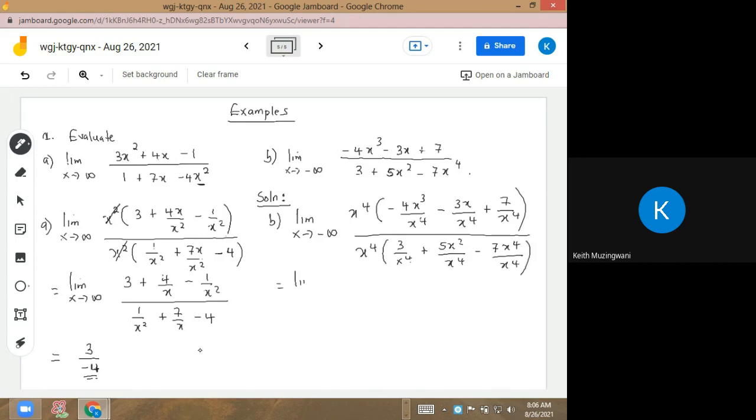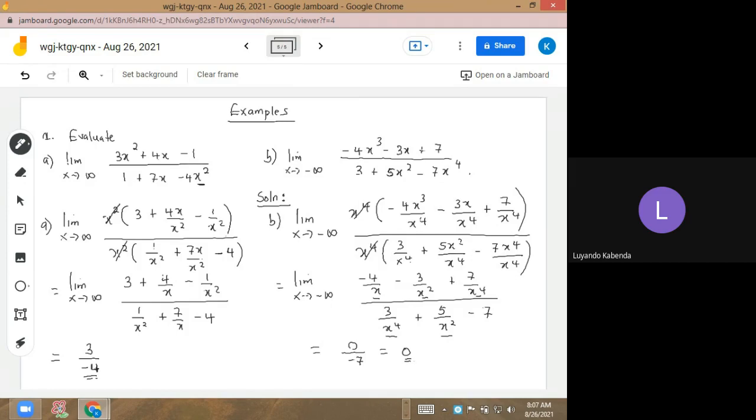Then we'll have the limit as x goes to negative infinity of the x4 will cancel, and then we'll have negative 4 over x minus 3 over x squared plus 7 over x4 over 3 over x4 plus 5 over x squared minus 7. So this goes to 0, goes to 0, goes to 0, goes to 0, goes to 0. So we'll have 0 over negative 7, which is equal to 0.